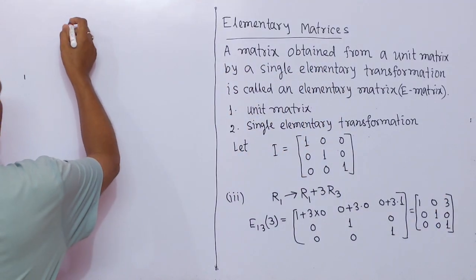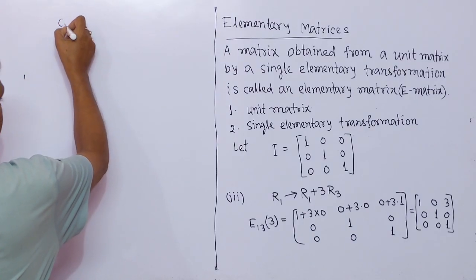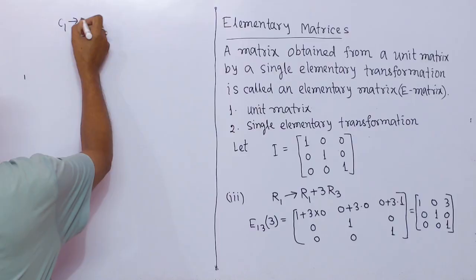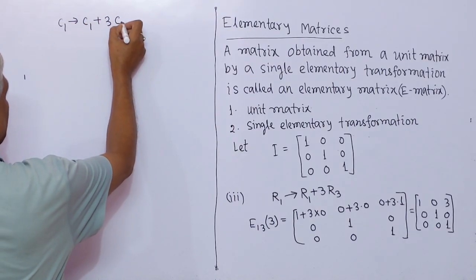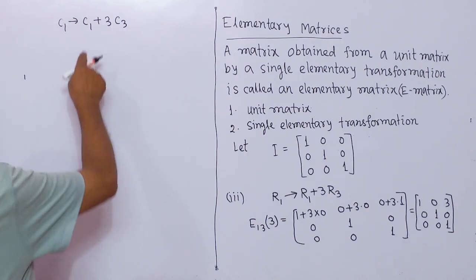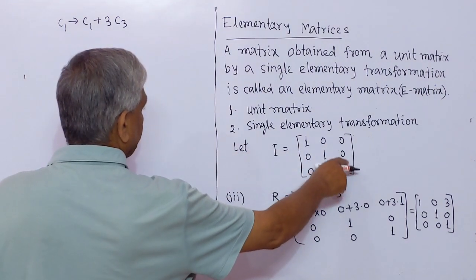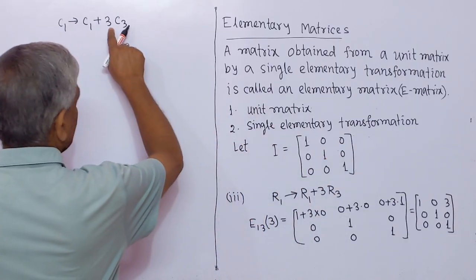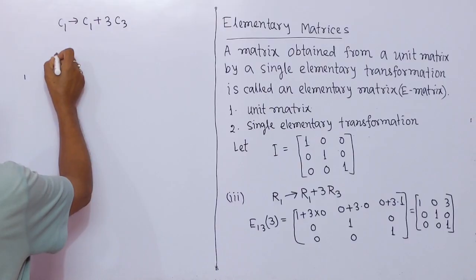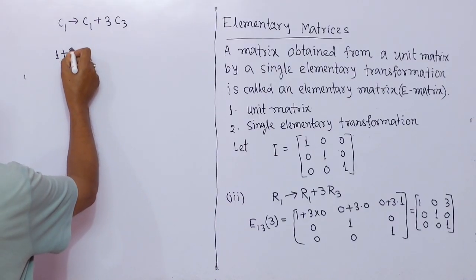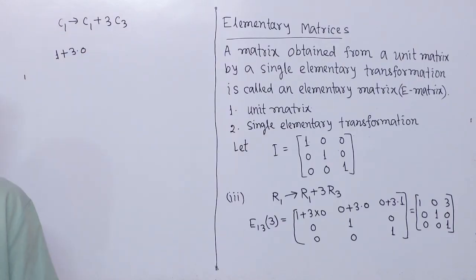Now we take a column operation: C1 is replaced by C1 plus 3 C3. This means we multiply the elements of column 3 by 3 and then add them to the first column. 1 plus 3 multiplied by the corresponding element in column 3, 0.